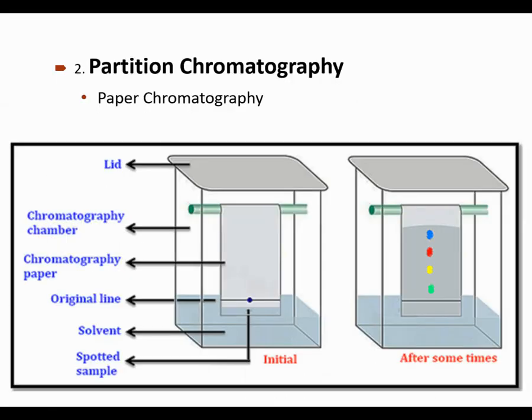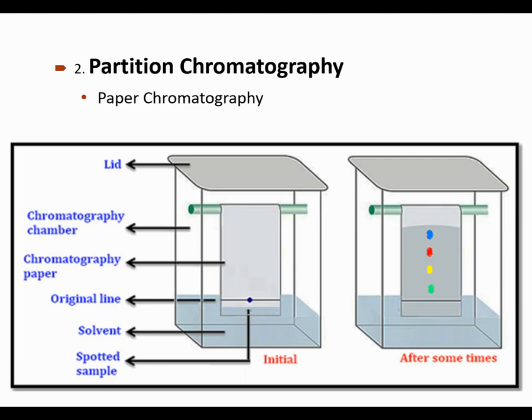Now, the last one is partition chromatography. The difference between partition chromatography and adsorption chromatography is that for adsorption, the stationary phase is solid and the mobile phase is liquid, while for partition chromatography, both components are made up of liquid.